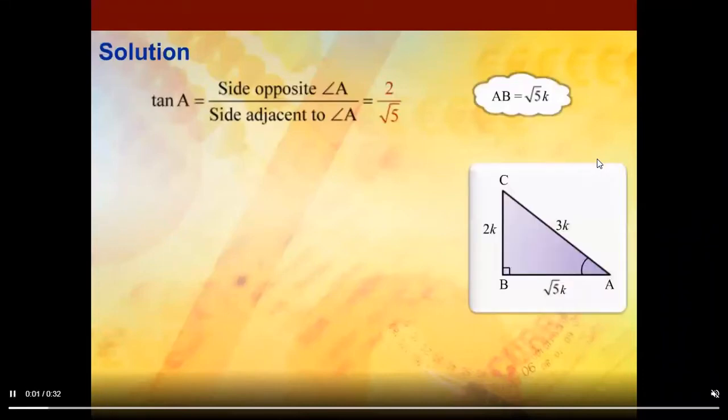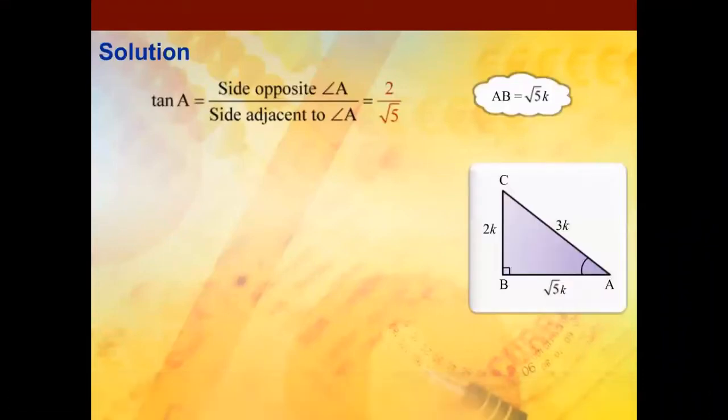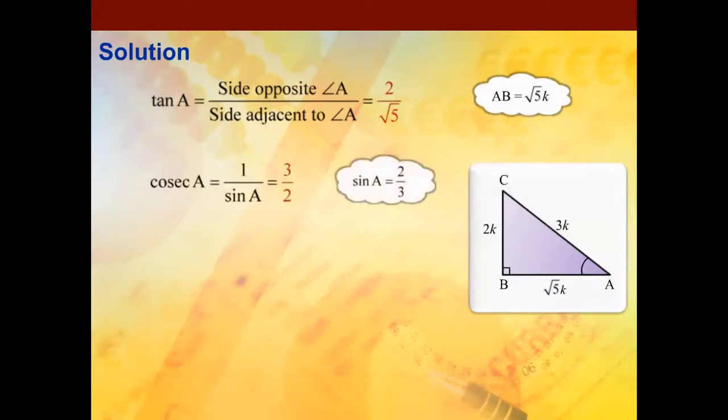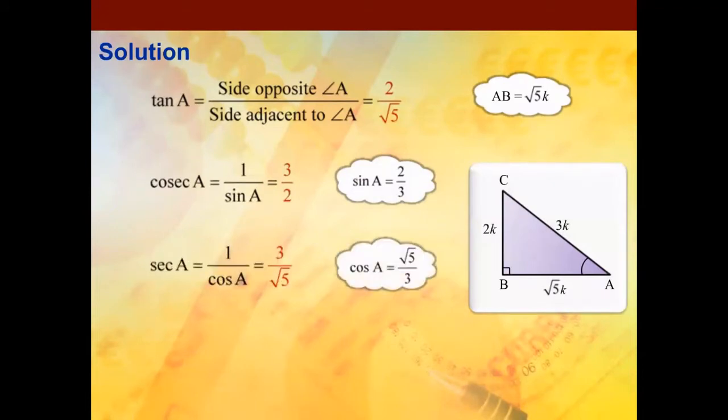Now let us find tan A. Tan A is the side opposite to angle A by the side adjacent to angle A, which is 2 upon root 5. Similarly, cosecant A is the reciprocal, 1 upon sin A. Sin A is 2 upon 3, so cosecant A is 3 upon 2.